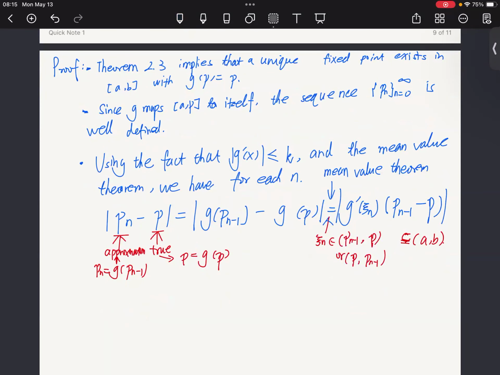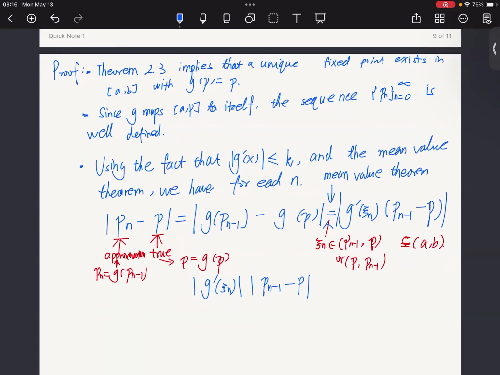Next, we take the absolute value of each side, each item. Then we have the absolute value of G prime of Cn times the absolute value of Pn minus 1 minus P, with an equal sign here.